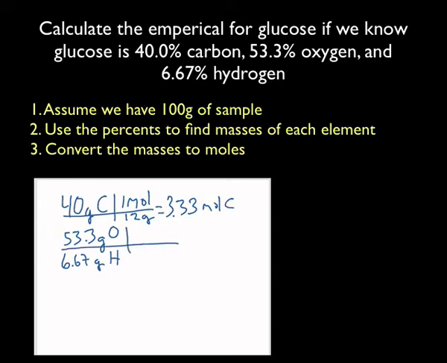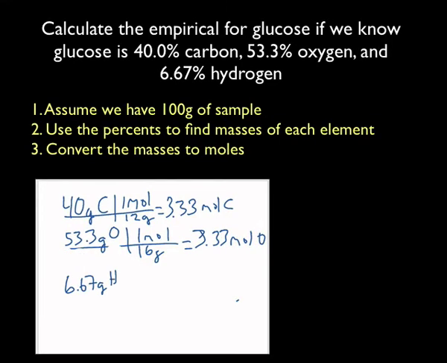We do the same thing for the oxygen. 16 grams is 1 mole of oxygen, so we have 3.33 moles of oxygen. We do the same thing for the hydrogen. The molar mass of hydrogen is 1 gram per mole, and so we have 6.67 moles of hydrogen.